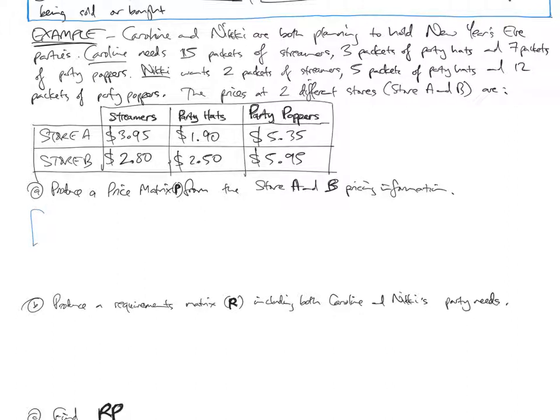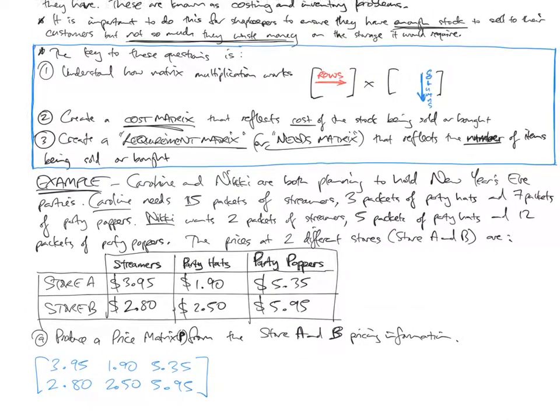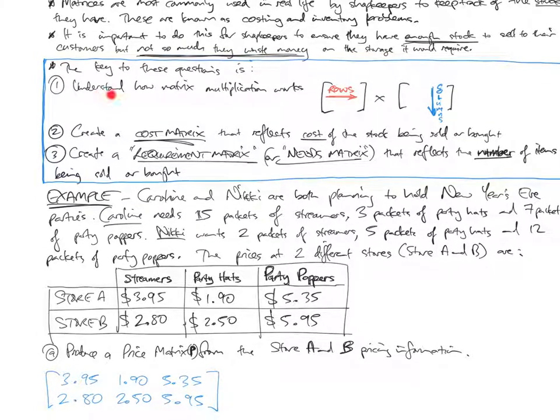If the first row was store A, it would literally just be that table again, but written in matrix form. The bottom line is 2.80, 2.50, 5.95.